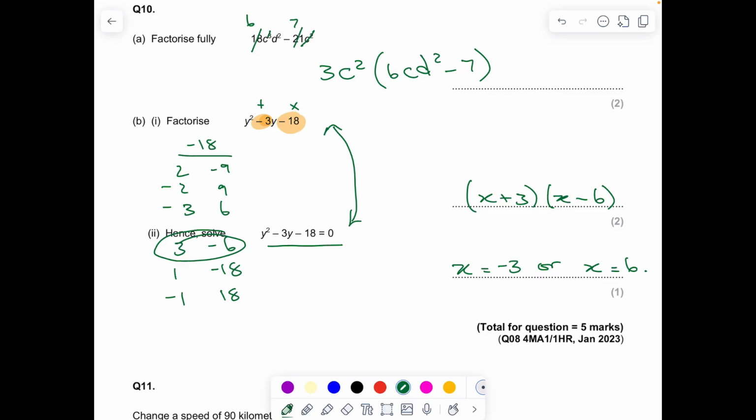Replace the x's with y's, but you would still get it right. Just imagine that they're y's, okay? So that's fine, and that would be your solution.